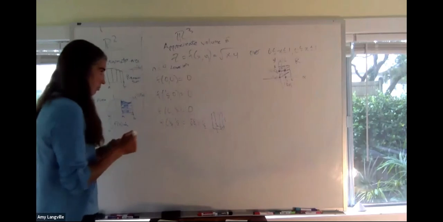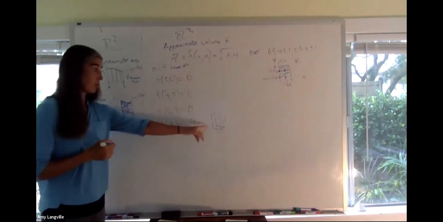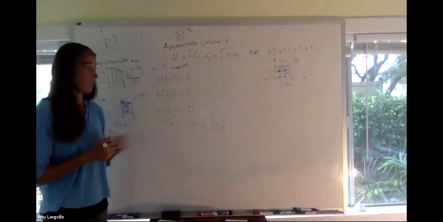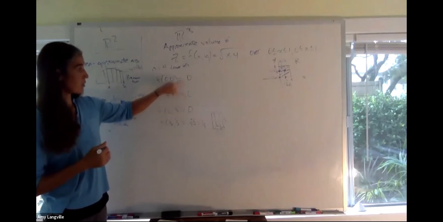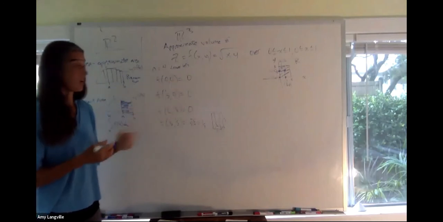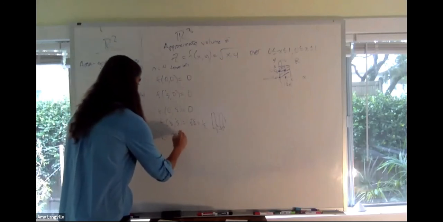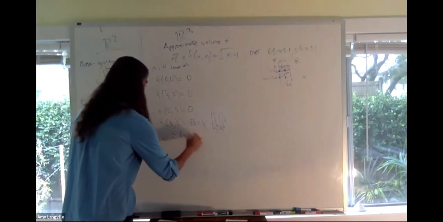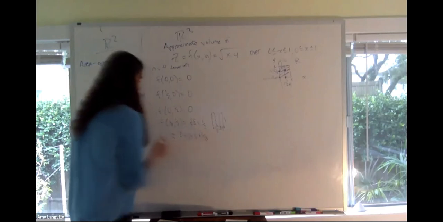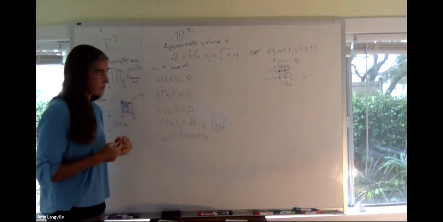So the volume of that one is 1/8, plus a volume of 0, plus a volume of 0, plus a volume of 0. So our approximation for the volume is approximately 0 plus 0 plus 0 plus 1/8. So probably not a very good approximation.